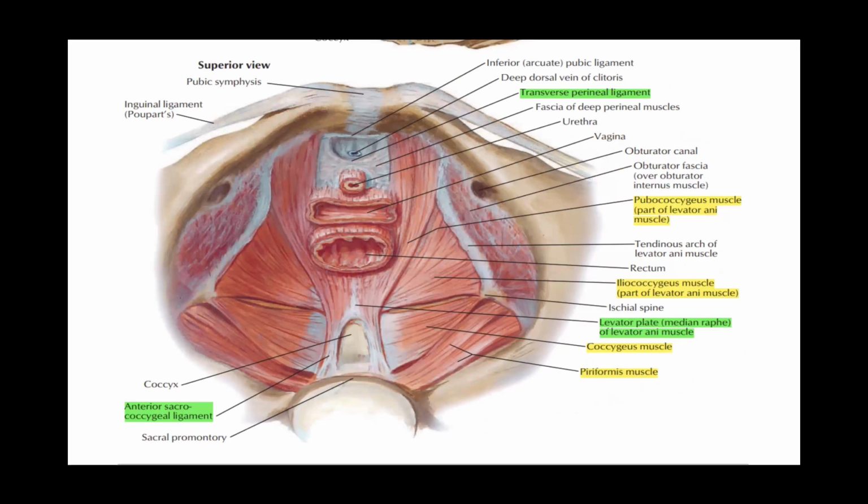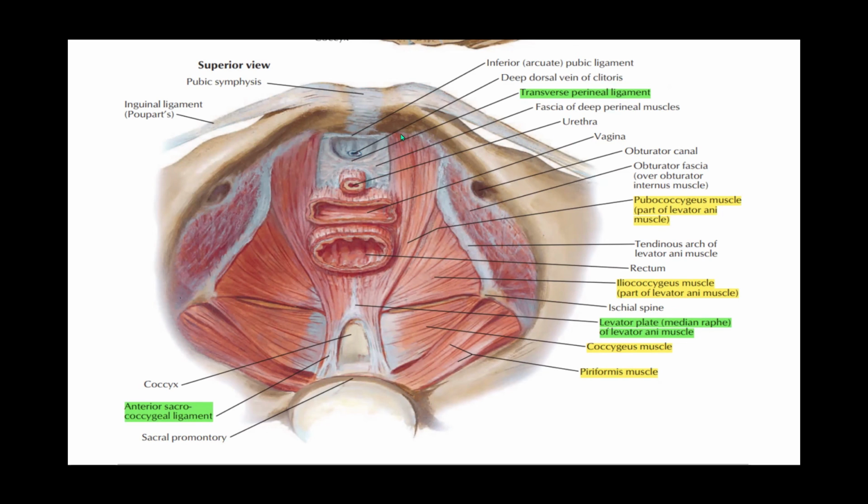In summary, the pelvic floor is composed essentially of four groups of muscles: obturator internus, the levator ani, the coccygeus or ischio-coccygeus, and the piriformis. The levator ani itself is composed of three muscles: the puborectalis, otherwise called the puboanalis muscle, the pubococcygeus muscle, and the iliococcygeus muscle.